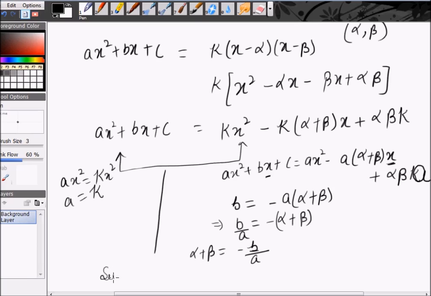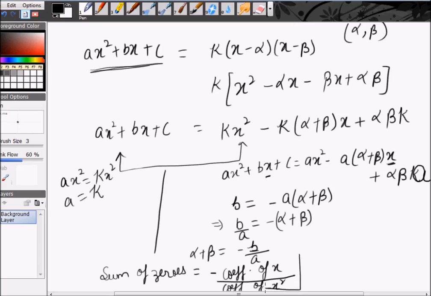Thus we can write sum of zeros equal to minus, where b is the coefficient of x in our original polynomial, over a, the coefficient of x square.